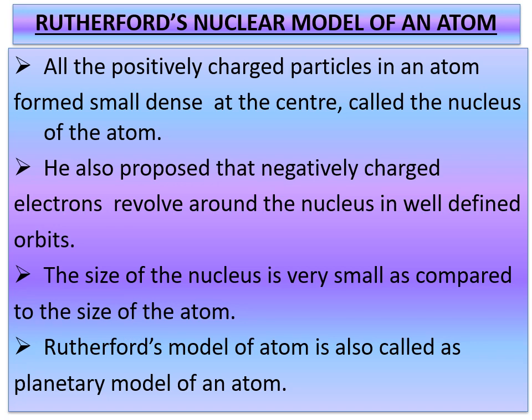And one more part is that the size of the nucleus is very small as compared to the size of the atom. Already we have seen this in the picture. And Rutherford's model of an atom is also called the planetary model of an atom. This part also you have to remember.